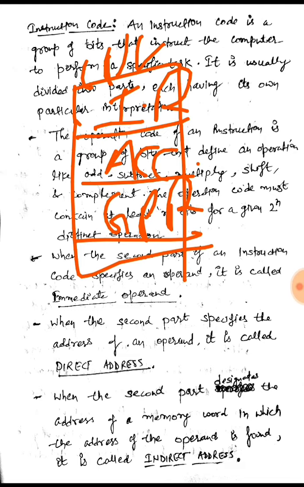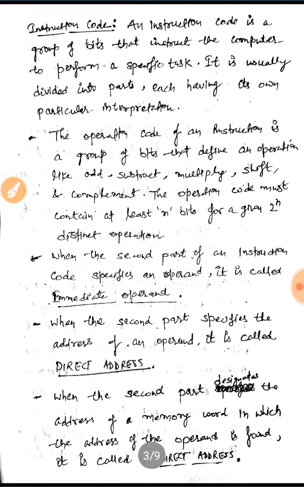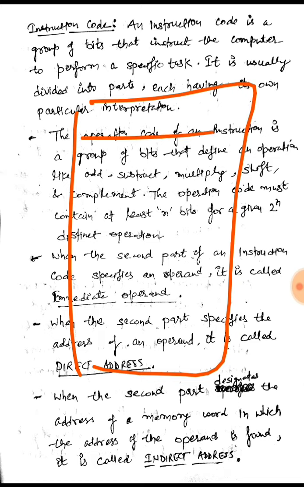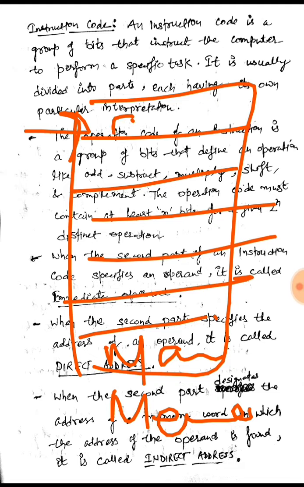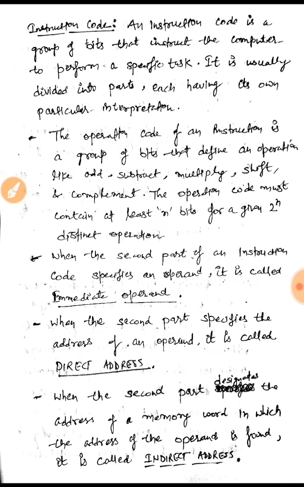So our operand can be in these registers as well, or it can be in the memory location, our main memory. If the second part of the instruction denotes the address of our data, and our data is stored there, then it is called the direct addressing mode or direct address.